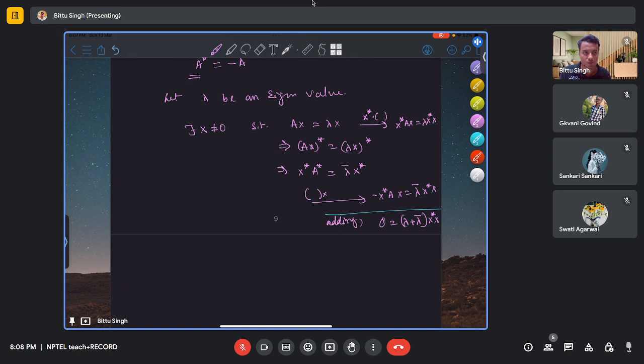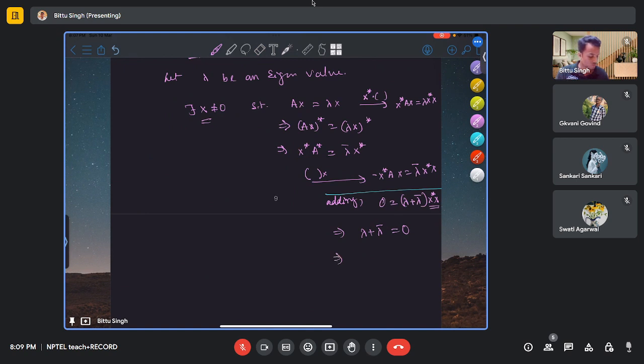Again, since x is non-zero, x star x is always a positive thing, because x star x is actually an inner product, and given the vector is non-zero, the inner product will be positive. This is actually the norm of x squared.